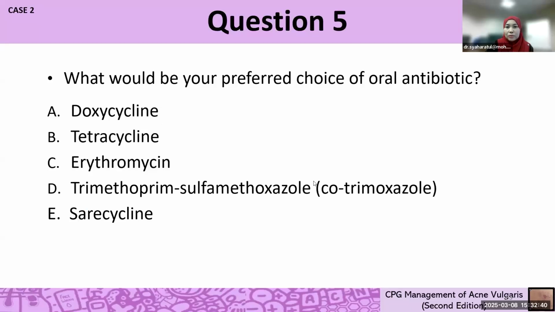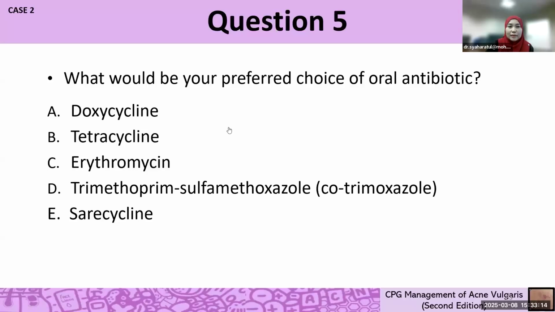The majority answered A, some answered erythromycin. Sarecycline is not available in Malaysia yet, so E we definitely can't give in Malaysia. But if you're practicing elsewhere, E if available. The majority answered A. That's what I would give.